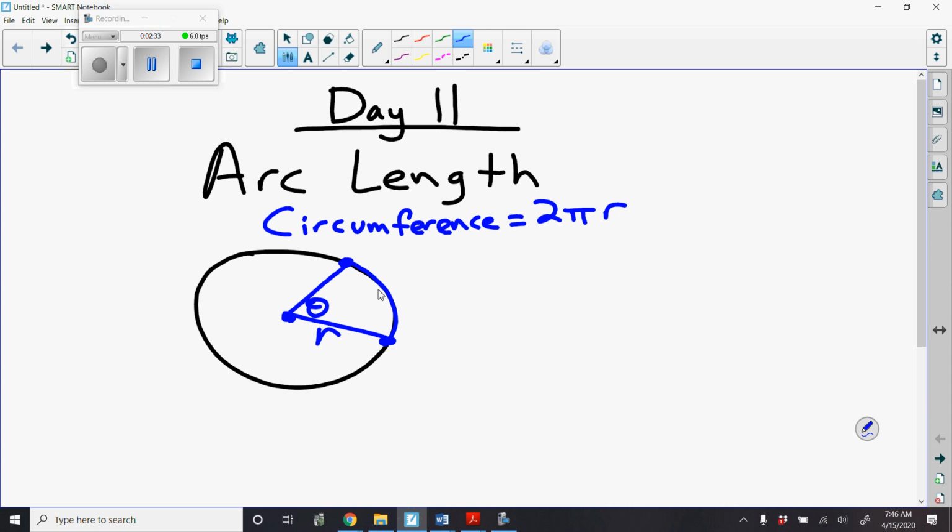Well, before I write that, I wanted to ask you one more thing. Let's think about an easy central angle. Well, think about this circle right here. Let's say that it has a radius of 5. What then would be the arc length right there?